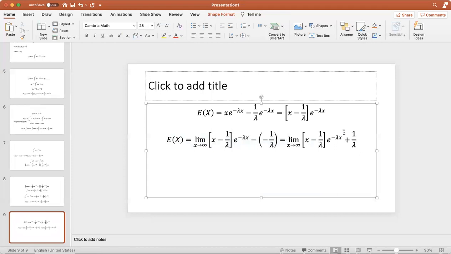And here's the thing. This is a fraction, and when you let x approach infinity, you'll have an indeterminate form.